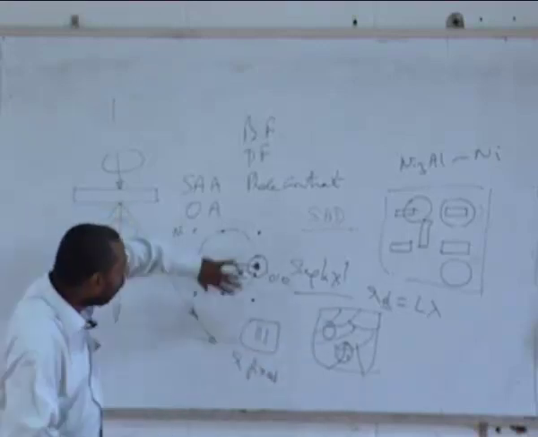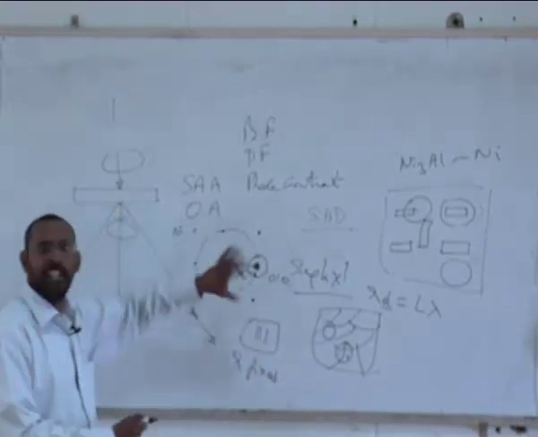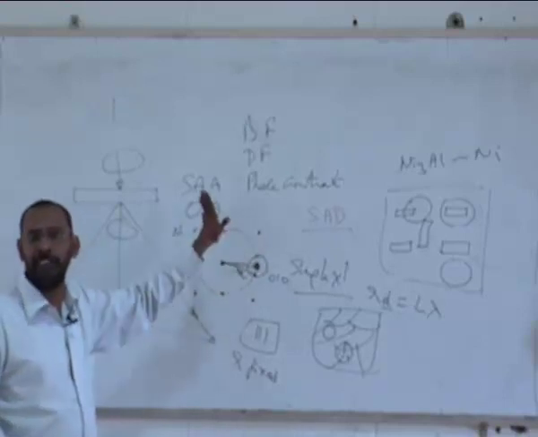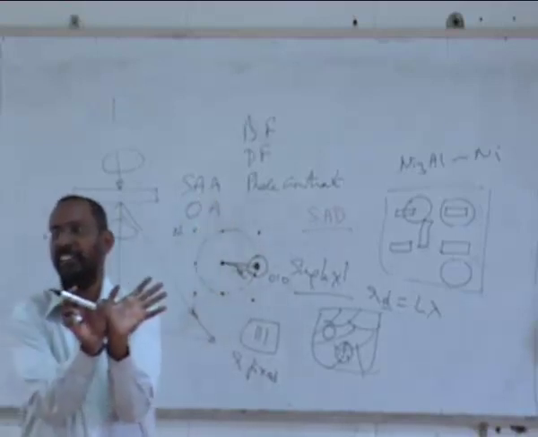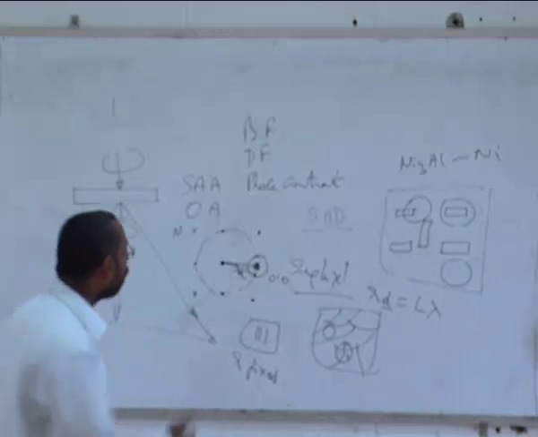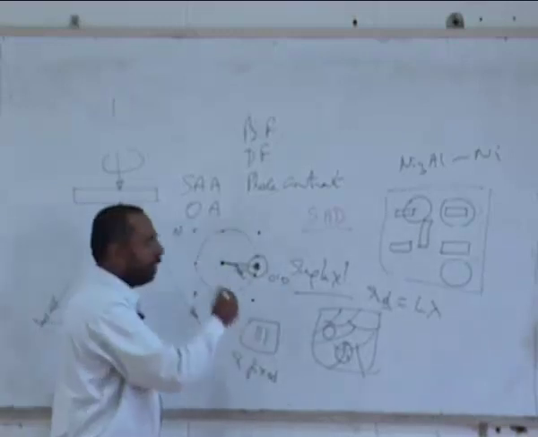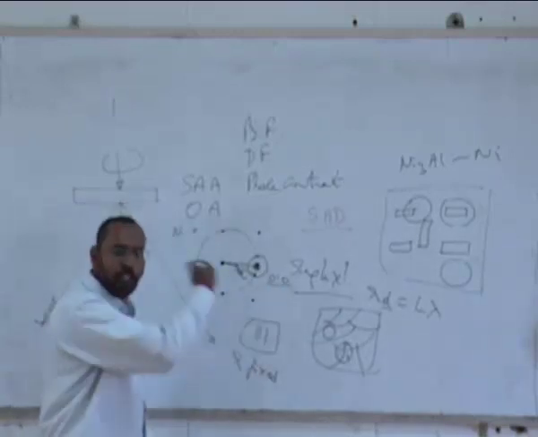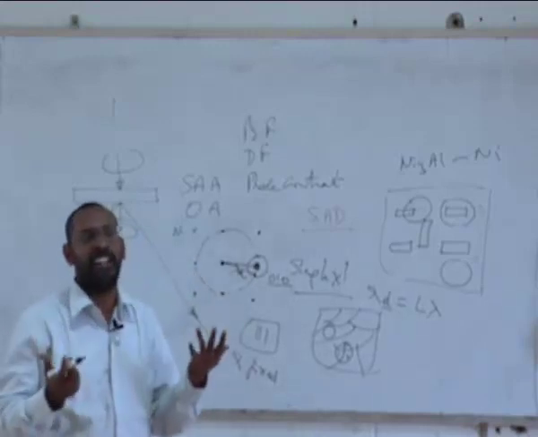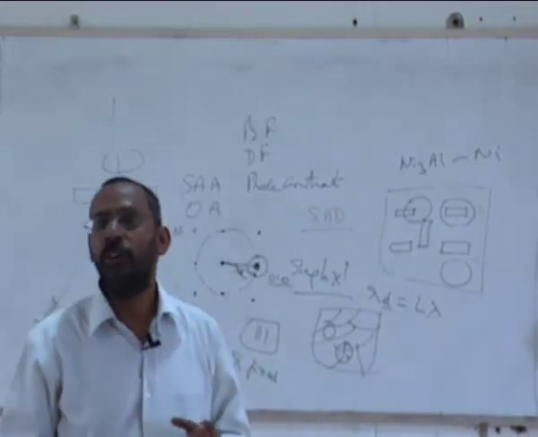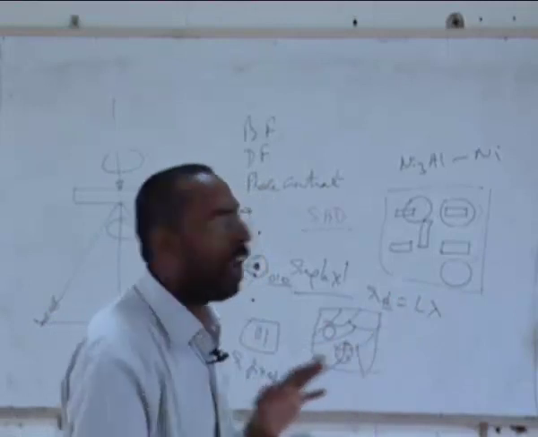So you will get one more pattern where the whole pattern is tilted at a certain angle. Similarly, grain 3, 0, 1, 0 will also fall on the same circle with a different angle. This is how you can actually get a composite diffraction pattern.